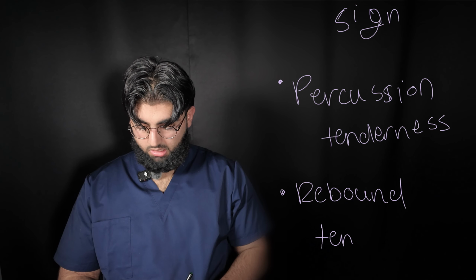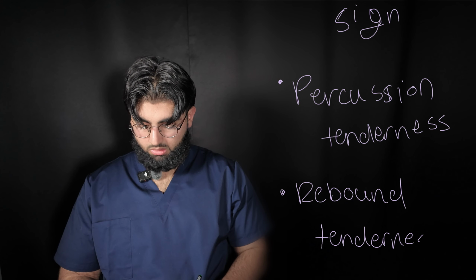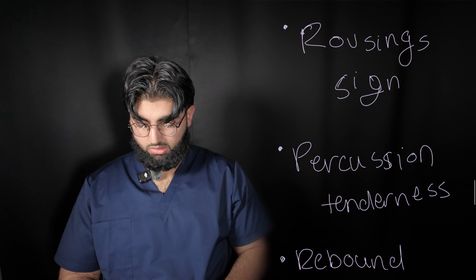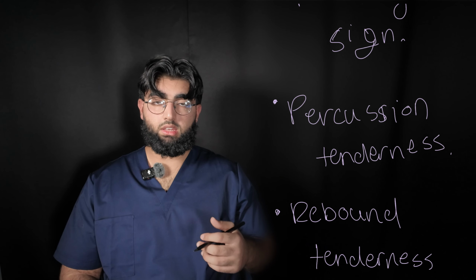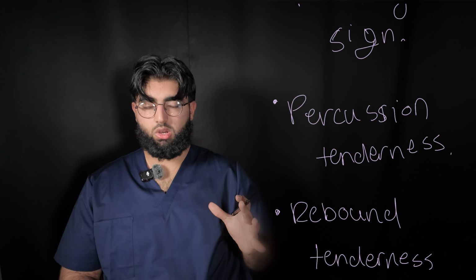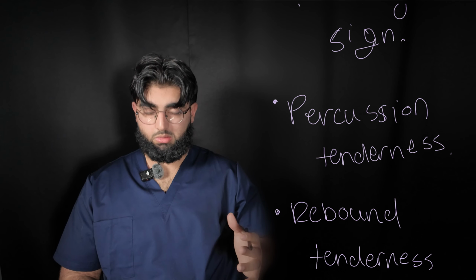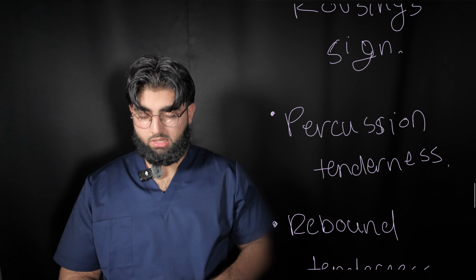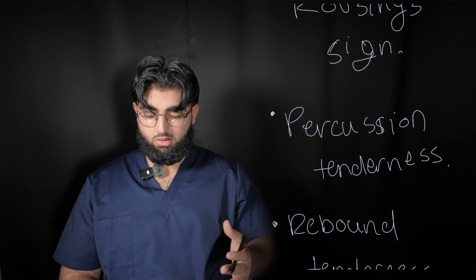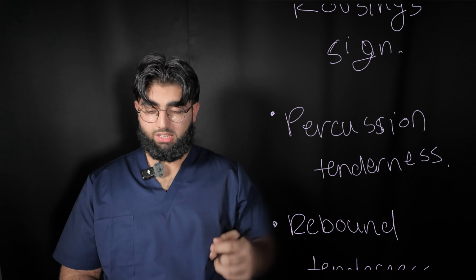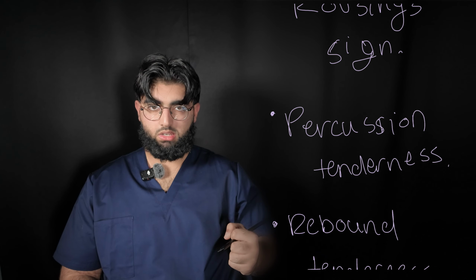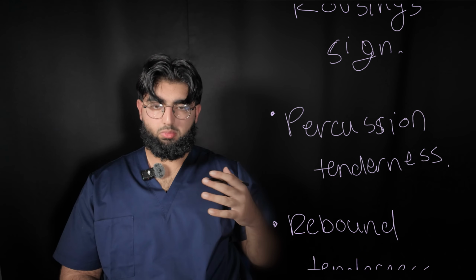Okay, now the reason why I'm mentioning all these at once is because they all relate to the same pathophysiology. So these all relate to the irritation and the inflammation of the peritoneum itself. Now when the peritoneum is actually irritated, like we mentioned, because it is innervated by somatic afferents, they're very densely innervated, right? So very localized sort of pain.